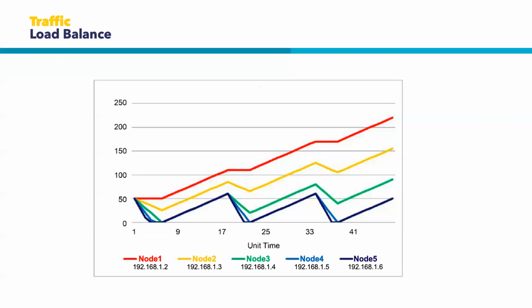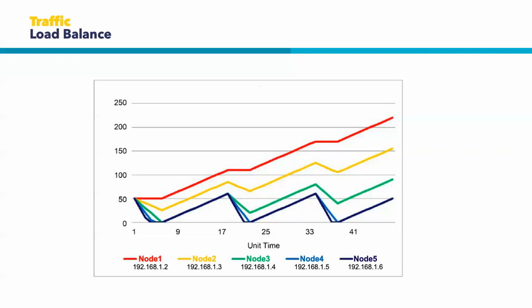The system will automatically find a node, for example node number 5, which has a very low request rate. Request rate is how much traffic is running into the system.